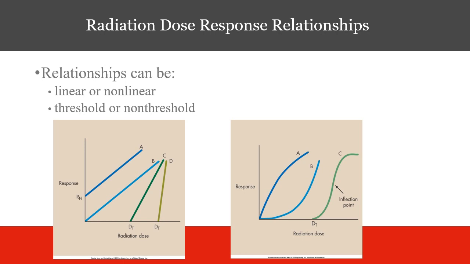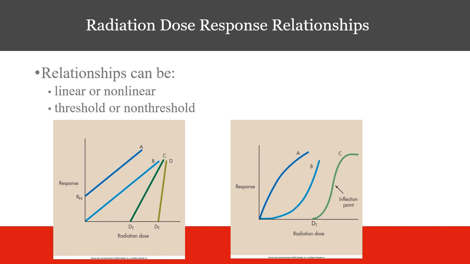On the right-hand side, A, B, and C are curves. And so they're looking at whether there's no inflection point, or an inflection point as there is in C. It's just a matter of differences between the relationships.